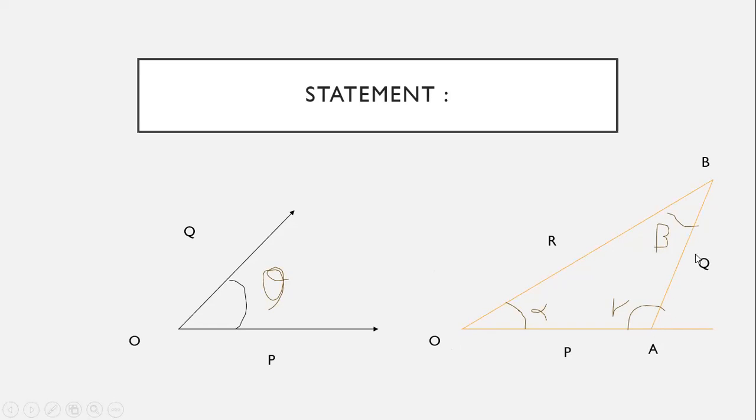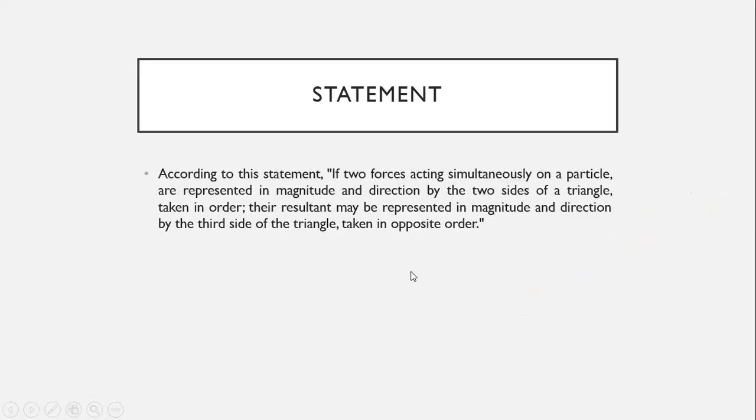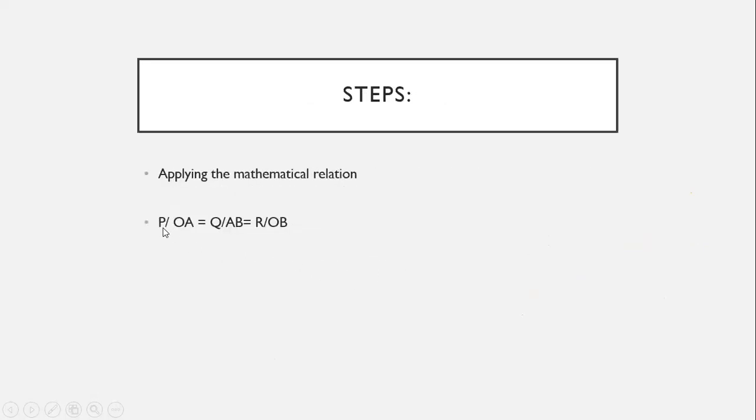Force vector Q by the side AB, and resultant force R by OB. So the corresponding force vectors and the side edges of the triangle are represented in this relation. This is the equation which is used to derive the mathematical relation for the triangular law of forces.